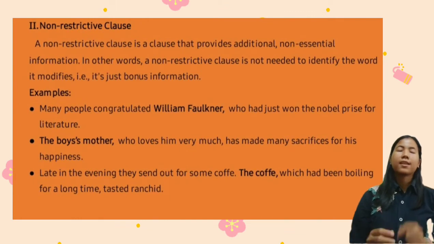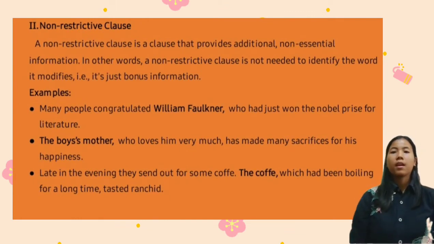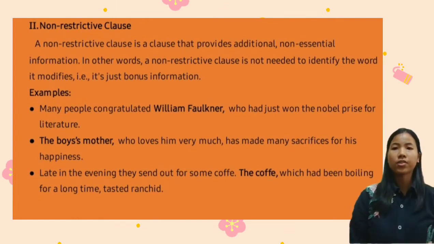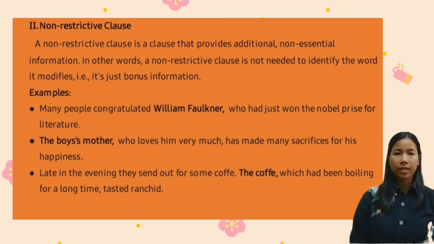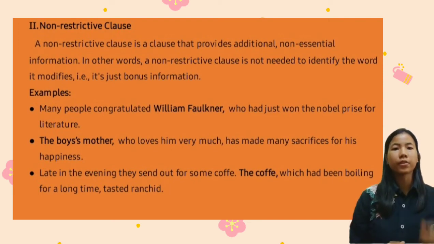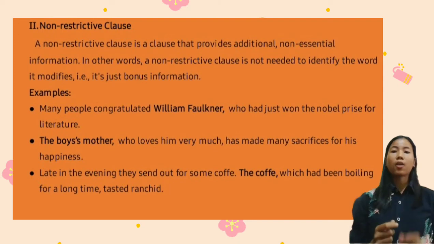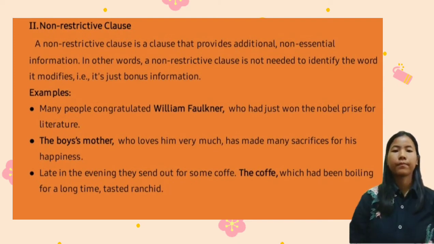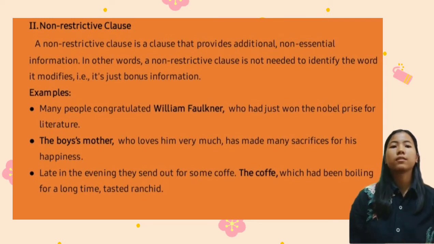B. Non-restrictive clause. A non-restrictive clause is a clause that provides additional, unimportant information. For example, many people congratulated William Faulkner, who had just won the Nobel Prize for Literature.